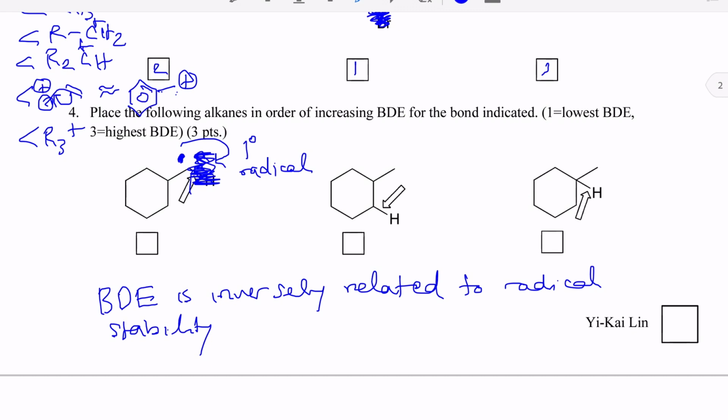If we do the same thing for the second compound, where this bond is specified, we block this one out as well and add a single dot there to indicate a radical at that carbon. What we see is that this is a secondary radical because that carbon is attached to two carbons.